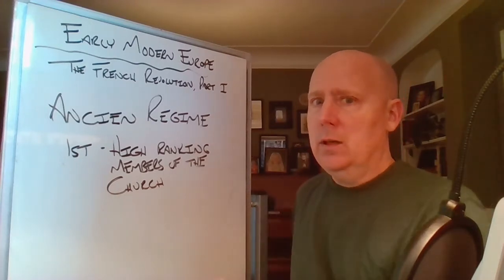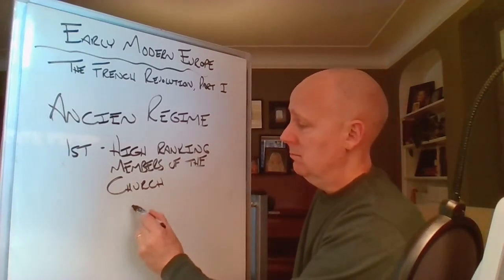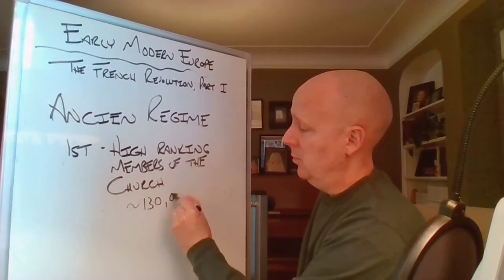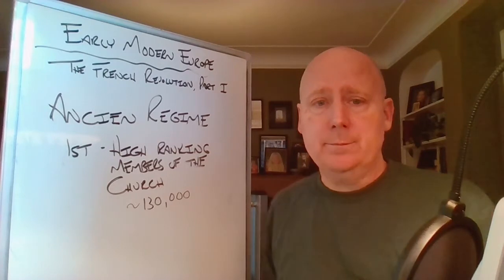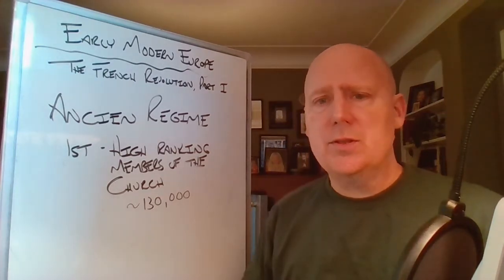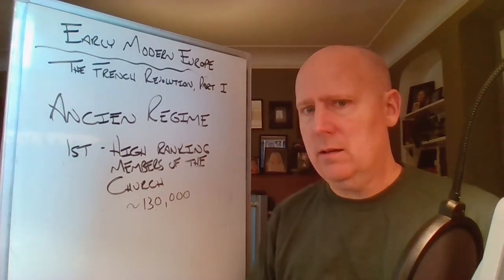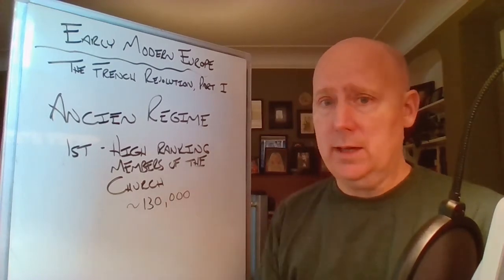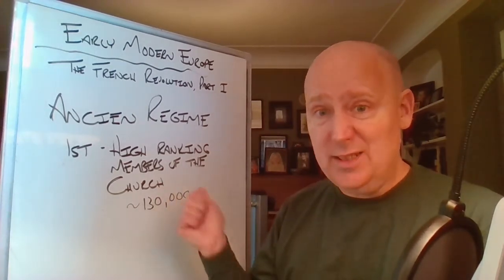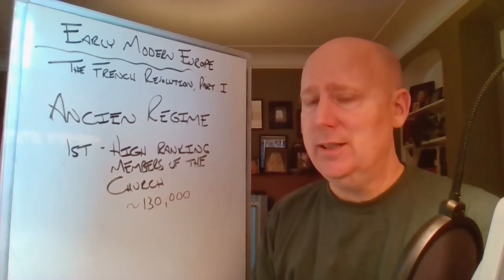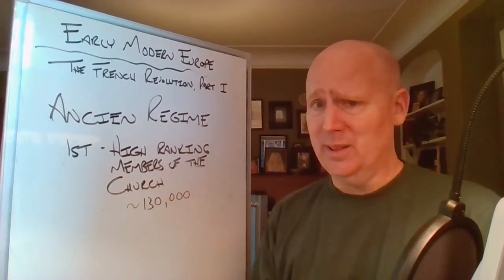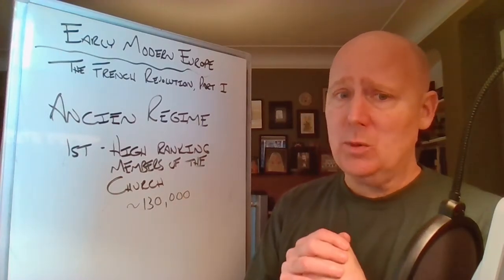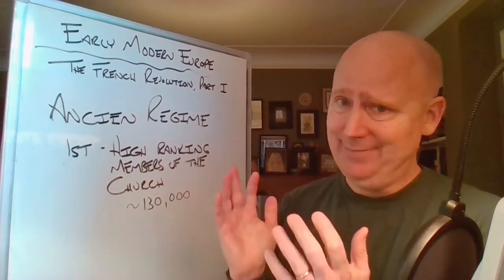At the time of the revolution, that means about 130,000 people in the first estate. These are the bishops and cardinals and theological faculty and all the rest. You think, oh my goodness, it's a lot of people. Yeah, it really is. But then again, compared to the rest of the French population, not that significant.